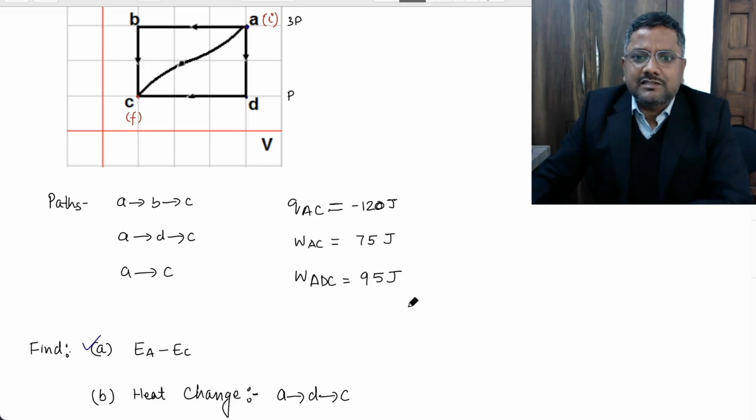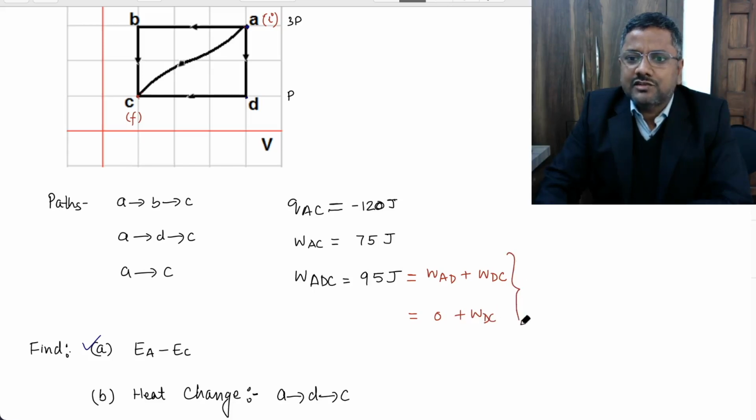So basically, this WADC is equal to WAD plus WDC, and this is equal to 0 plus WDC. Sometimes in the question WDC may be given, so you can use that value for WADC.